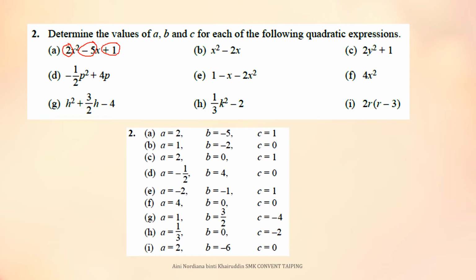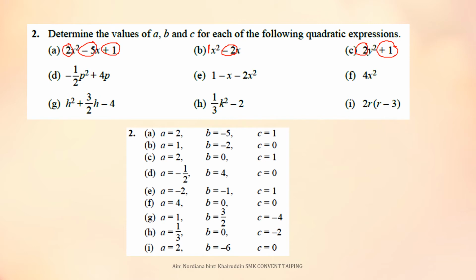For B, 1 is the value for a, negative 2 is the value for b, and c equals 0. For C, this is the value of a, the value of b equals 0, and this is the value for c.